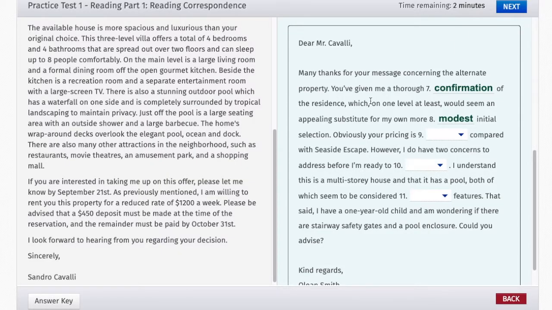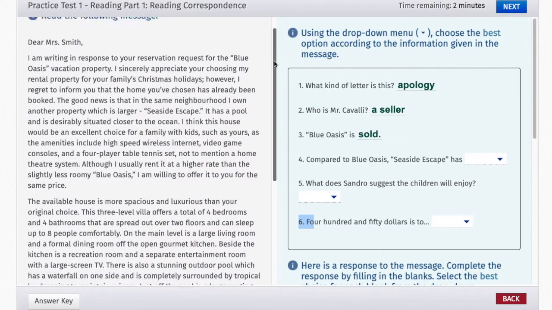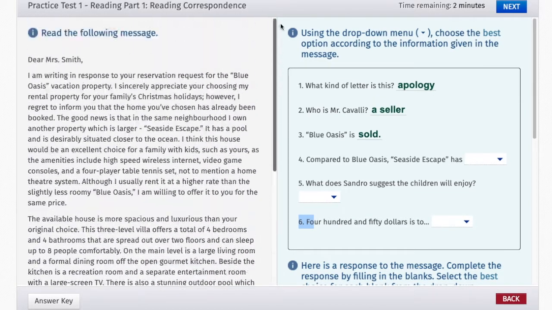Looking here at our sample test, now we're moving on to the response email. We have here at the top of the right column questions 1 to 6, which connect directly to the email message on the left.